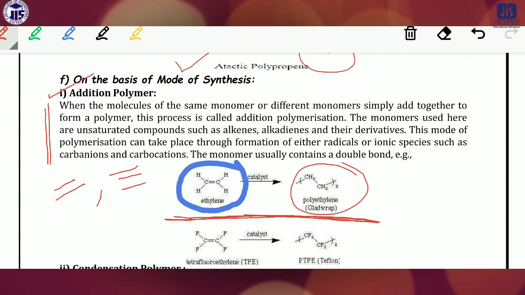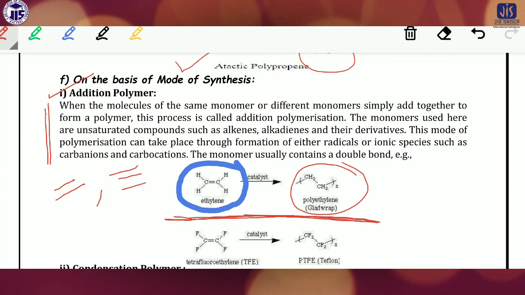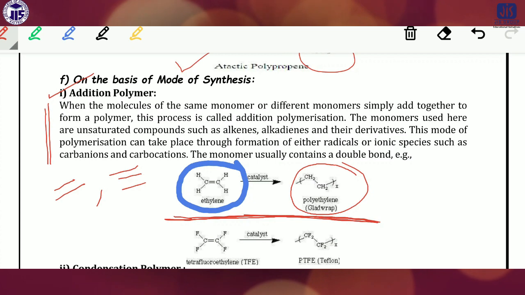So you have to keep in mind that an unsaturated compound is required in addition polymerization, because only if unsaturated monomers are present, by bond breaking and bond making, a new polymer will be formed.